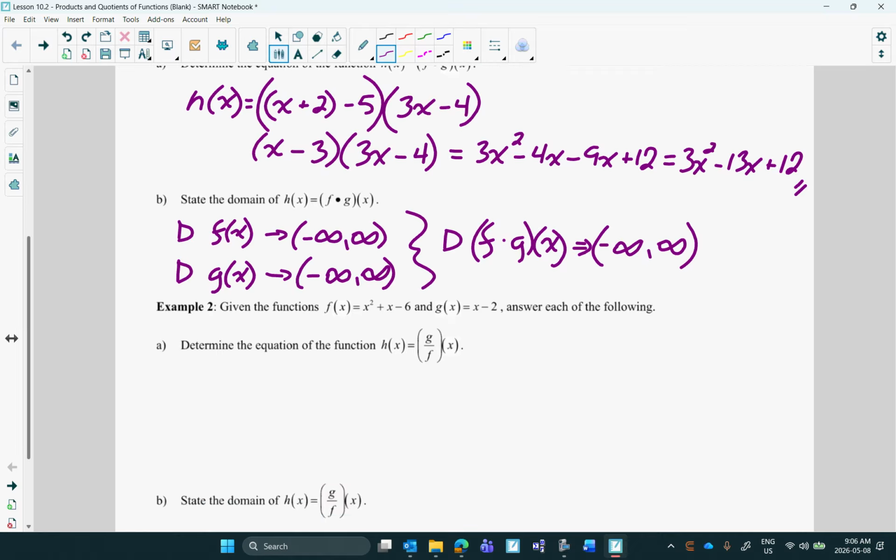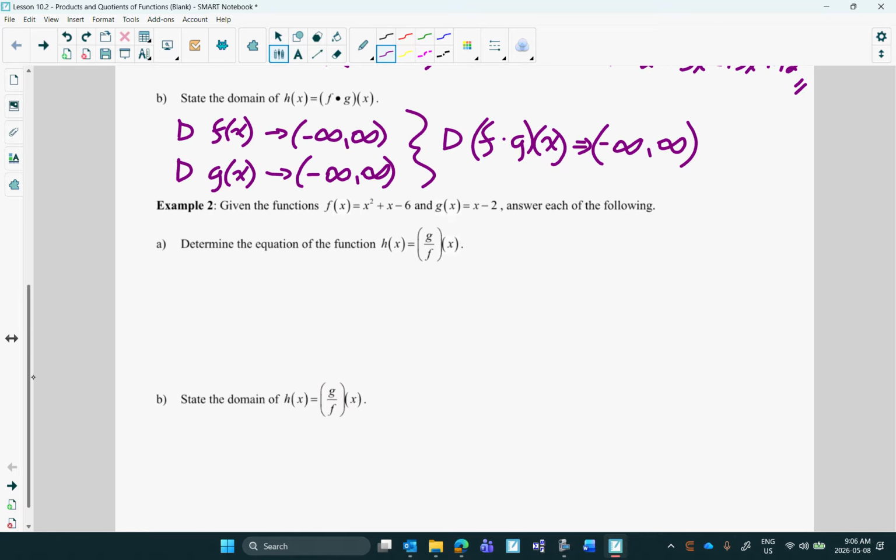Let's look at a division. Okay, here we're given two functions. Notice, slightly different. We're asked to find the equation of the function g divided by f of x.